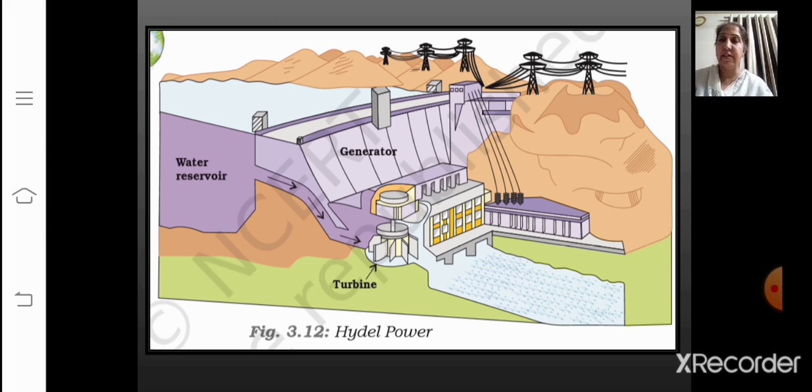Now here the image has been given to you showing how hydel power works. The water discharged after the generation of electricity is used for irrigation. So that water is not wasted but is used for irrigation. One fourth of the world's electricity is produced by hydel power.